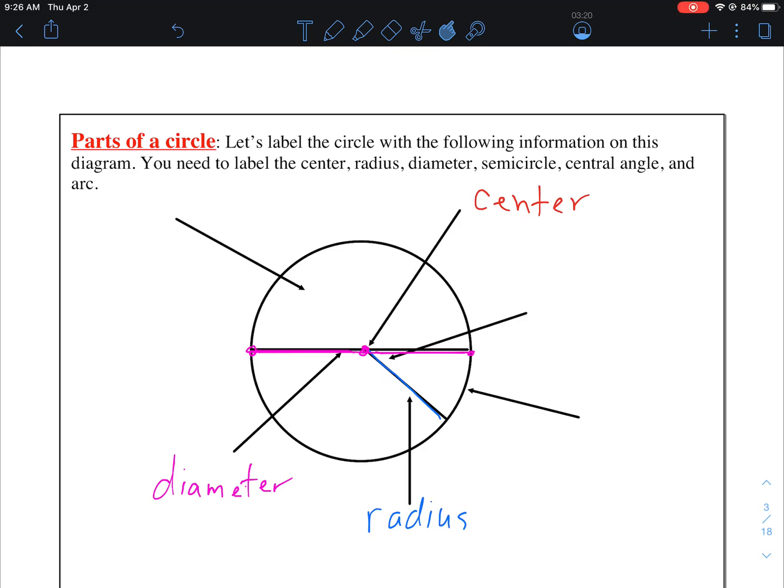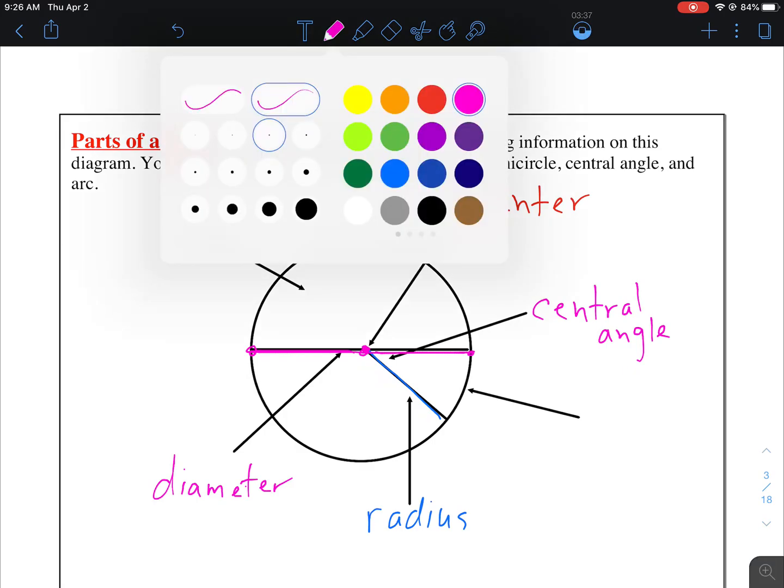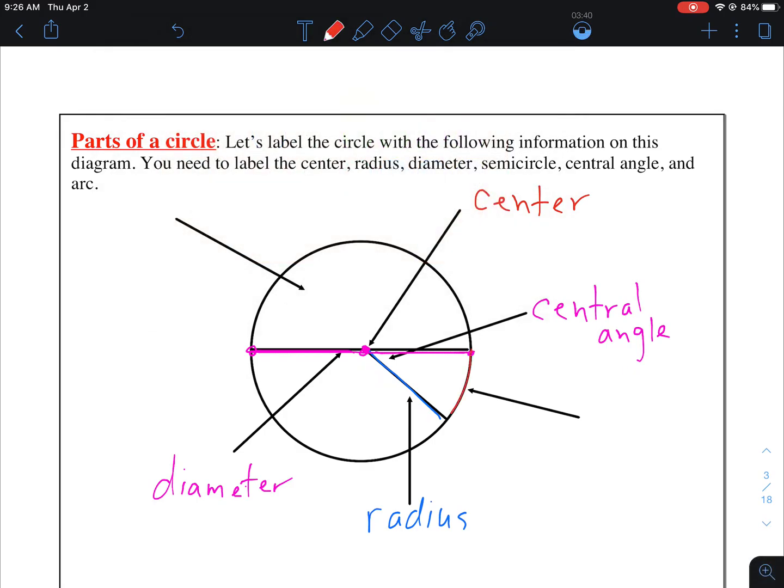So everybody, it says we're looking for a central angle. That would be this guy, because it is an angle whose vertex is right here, the center of the circle. The little chunk right here, let me pick a different color. This is part of a circle, part of the whole circle.